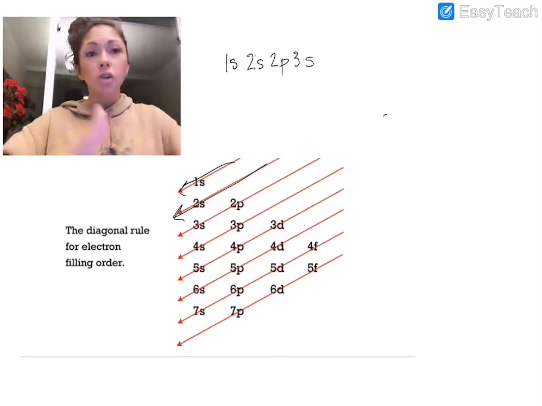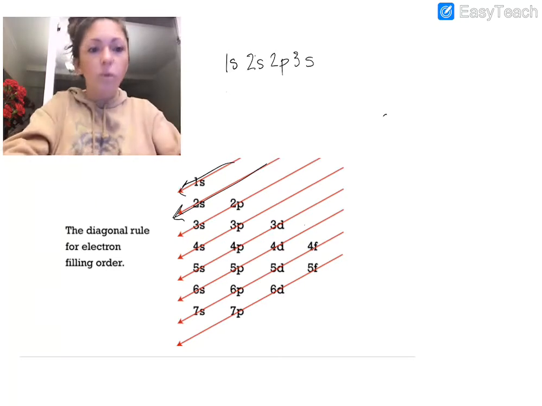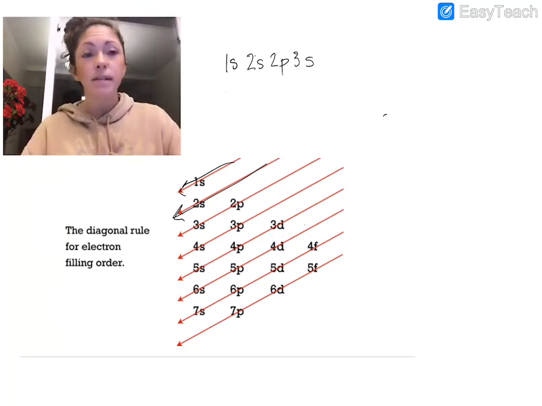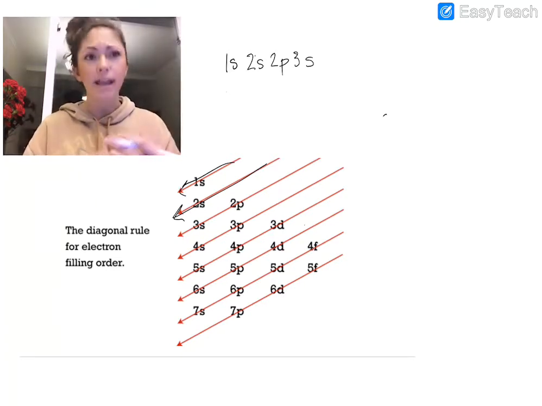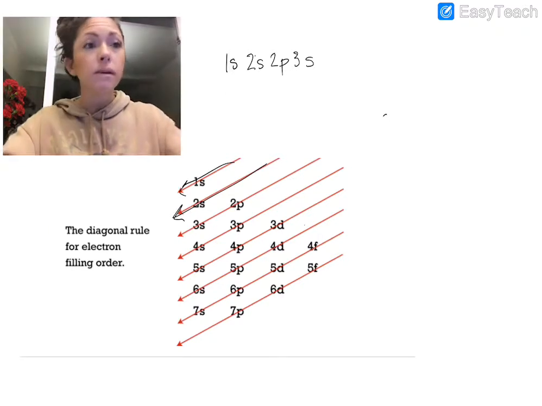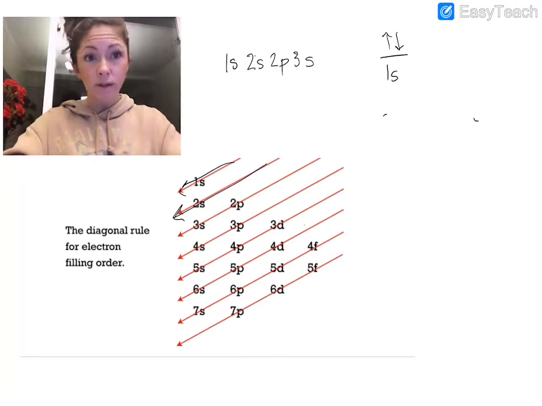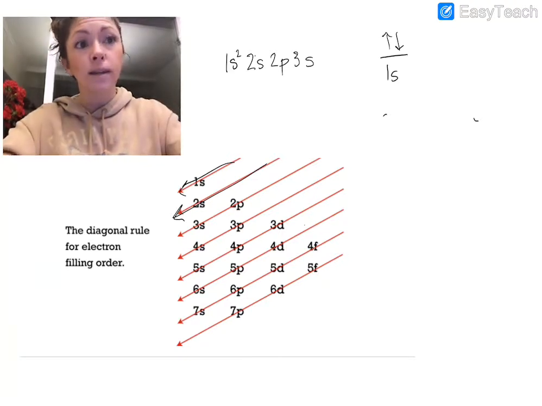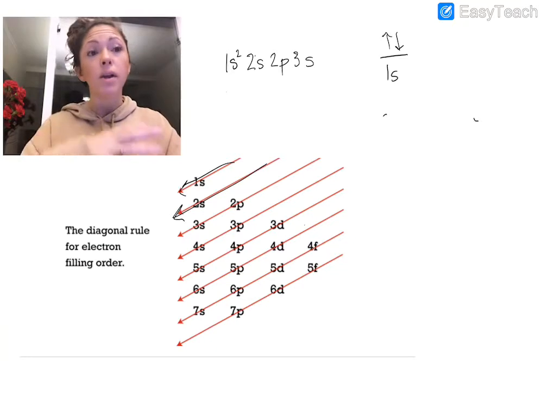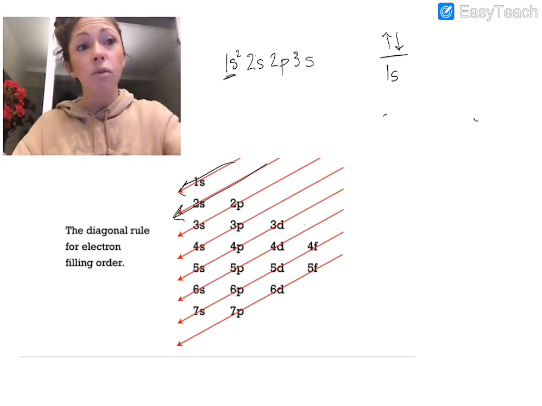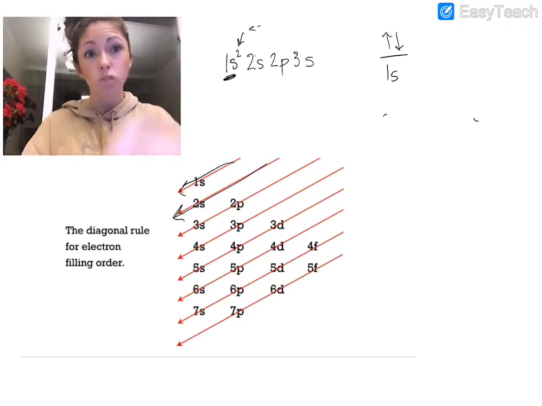Instead of arrows, we are writing the electrons as exponents. Typically when we would write 1s, we would write a blank and then 2 arrows in it. Well, you don't have to write that. You just write a 2 by the s as an exponent. It basically says that in sublevel 1s, there are 2 electrons total.